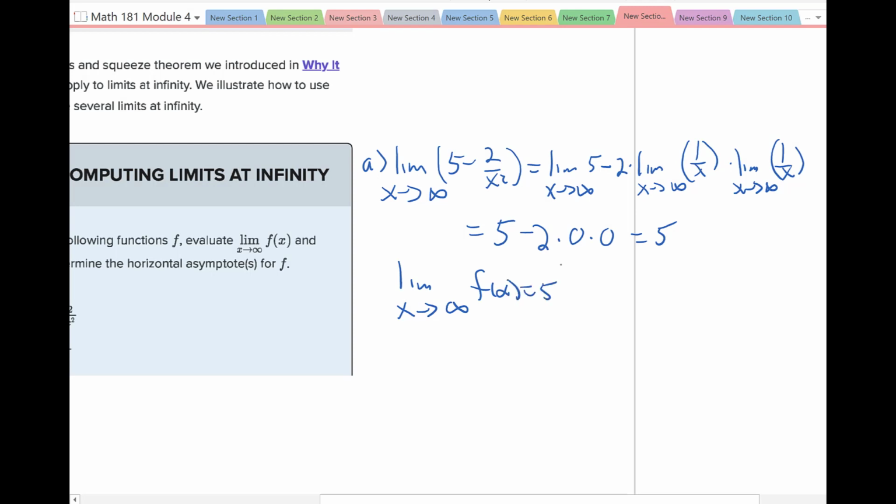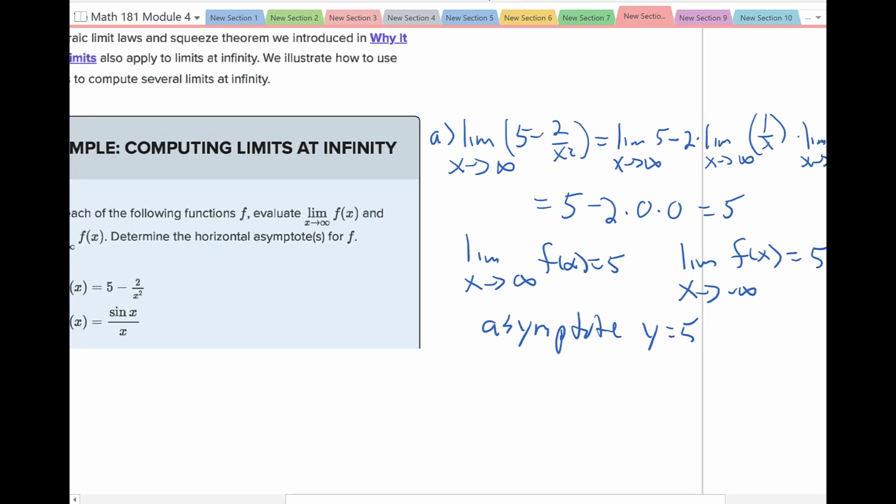Likewise, the limit as x approaches negative infinity is still 1 over negative infinity, so that'll still be just 5. That's our asymptote, y equals 5.